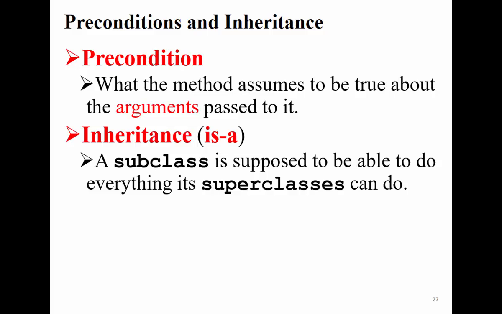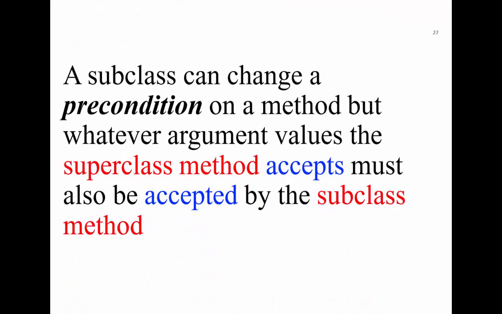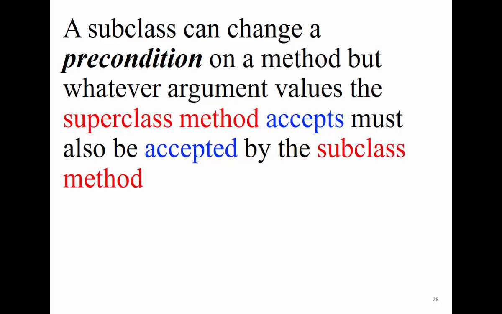Now, a subclass is supposed to be able to do everything the superclass can do. That is the inheritance. Okay? How do they interact? The subclass can change the preconditions on a method. But whenever the argument is valid for the superclass, the subclass should accept the same argument.